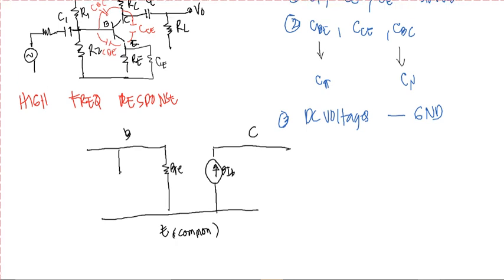So we will have RTH here, which is equal to R1 parallel R2. And we will have RS. So this one is your RS and we have your input VI, which is input natin nga voltage, and then sa output natin we will have your RC.